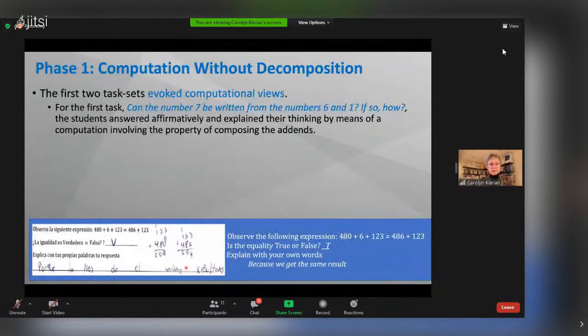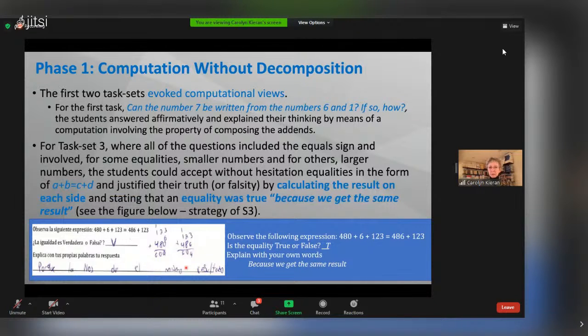The first phase. In the first 2 task sets, which did not involve the equal sign, there was a very strong evocation of computational views. For the first task, can the number 7 be written from the numbers 6 and 1? If so, how? The students answered affirmatively and explained their thinking by means of a computation involving the property of composing the addends.